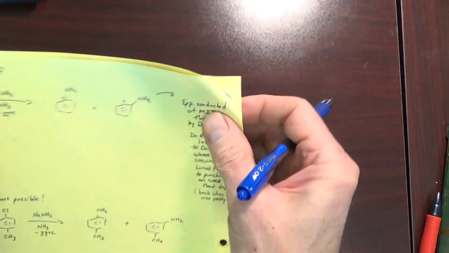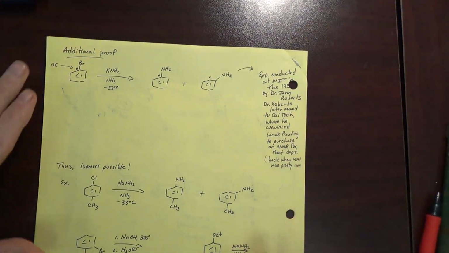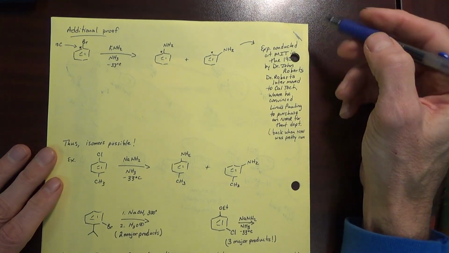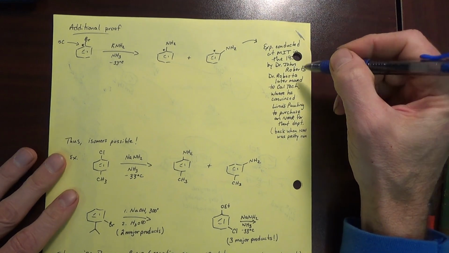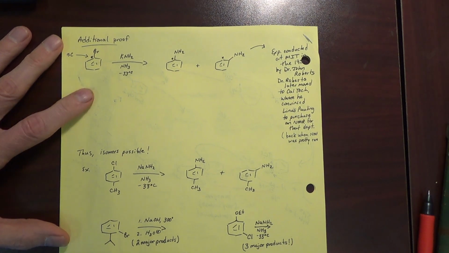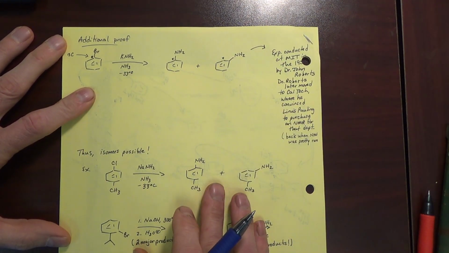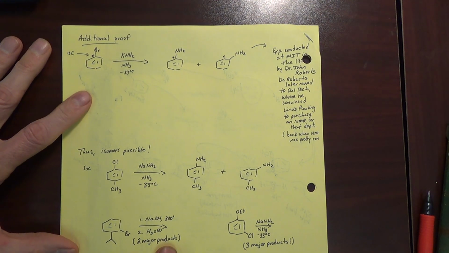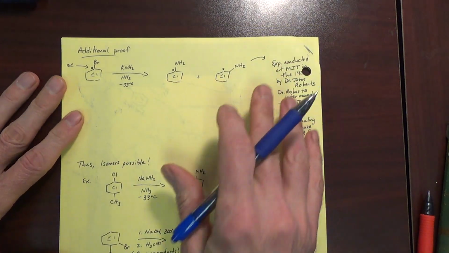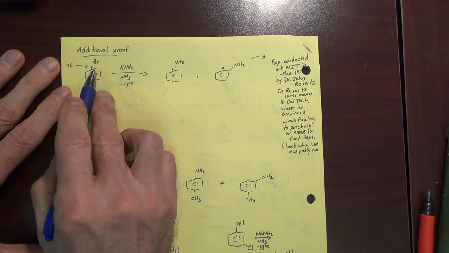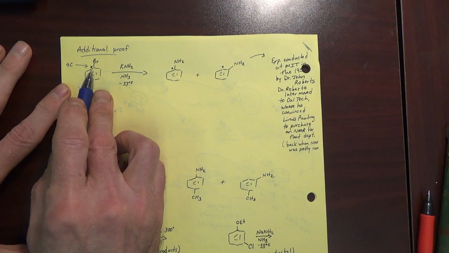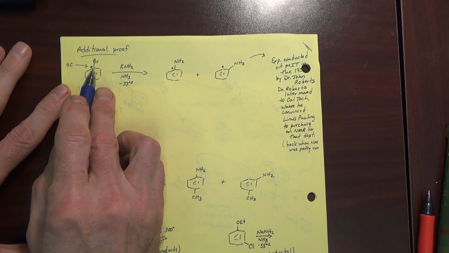Okay, but the biggest proof for this mechanism came back in the 1950s when Dr. Roberts at Caltech reported this interesting outcome. And this really helped prove the benzyne mechanism. He took bromobenzene, in which the carbon the bromine was bonded to was labeled as carbon 13, isotopically labeled.